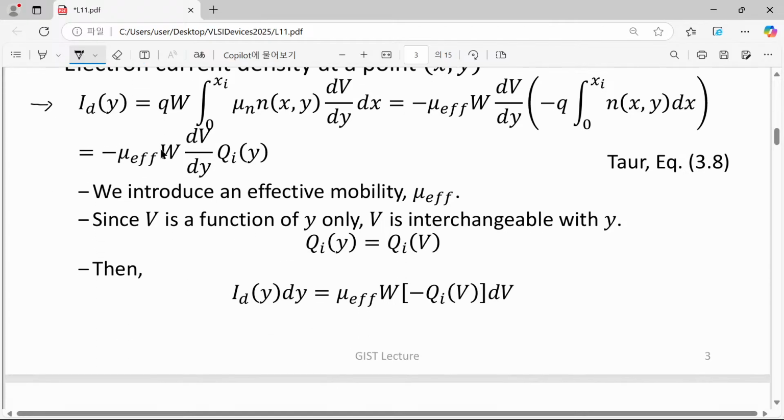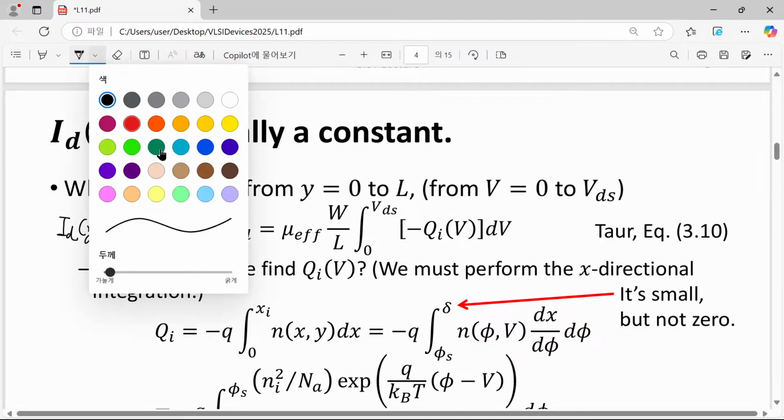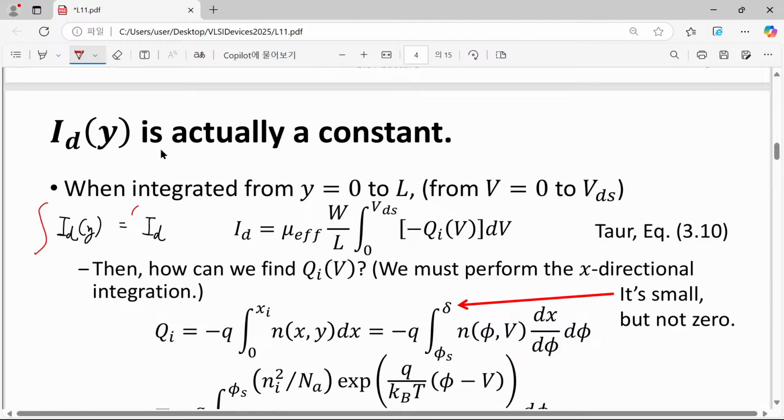So yes, here we have this one. ID, now it is not corresponding to y anymore. Then what happens is that ID was a function of y and it is actually a constant. Then what they have done is to integrate the left hand side and right hand side from 0 to L. Are you with me?